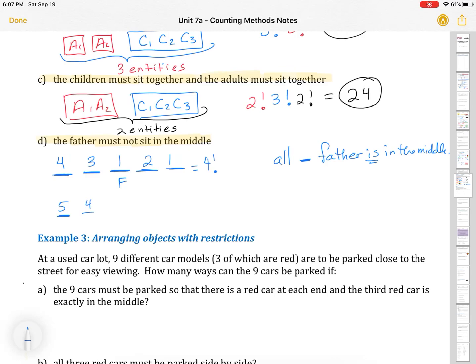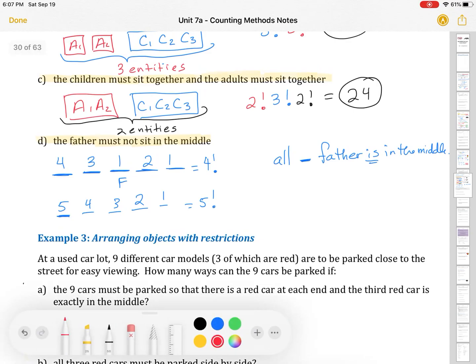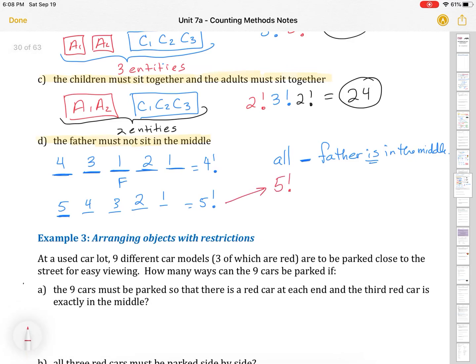So what that actually looks like is a 4 factorial. Now all of the options are if we have 5, 4, 3, 2, 1, which is a 5 factorial. So I'm going to take all of my choices, which is 5 factorial, and subtract the one where the father is in the middle. That's this one. So subtract 4 factorial. And when I do that, I get 96.